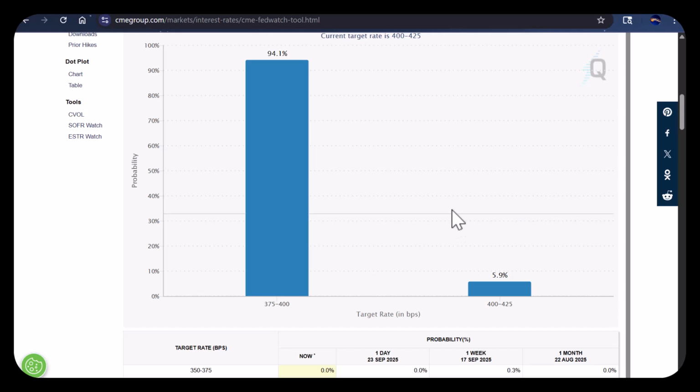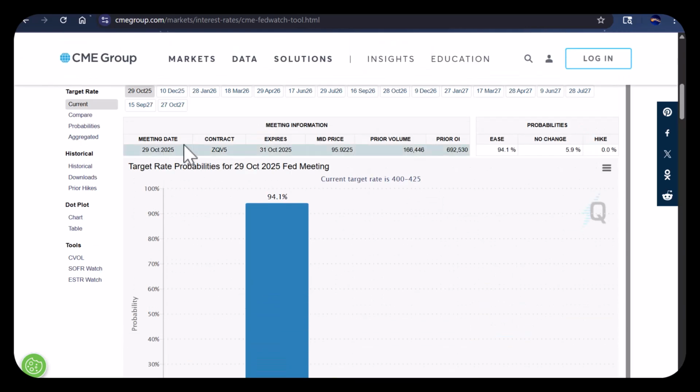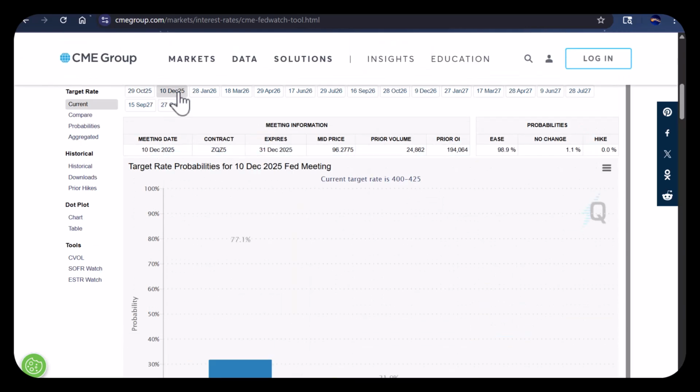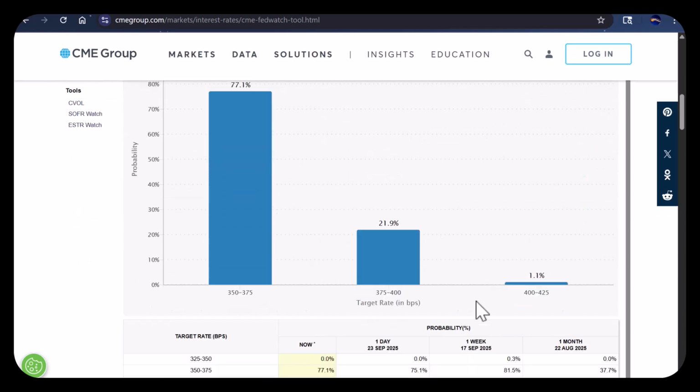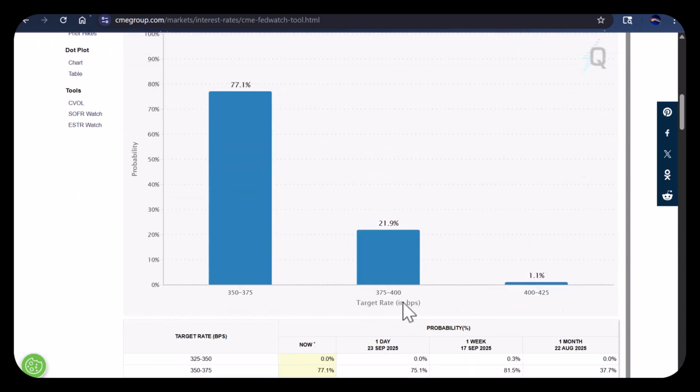So for example, on December, the market attaches only 21% probability that over the next meeting there's going to be one rate cut, but it attaches about 77% probability that both meetings will have quarter point rate cuts.